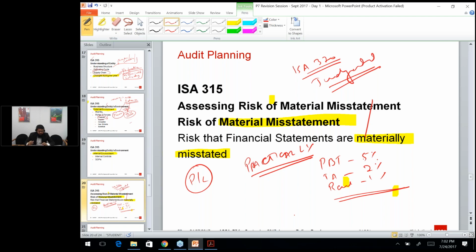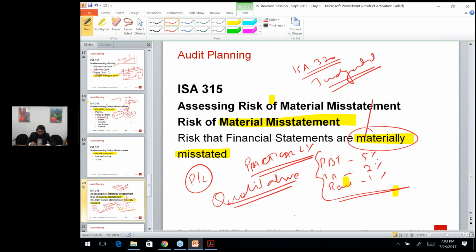So the first thing is, you need to assess the risk of material misstatement. It's a risk that financial statements are materially misstated. We discussed how materiality is judged on a quantitative basis. At times, materiality is determined on a qualitative basis.